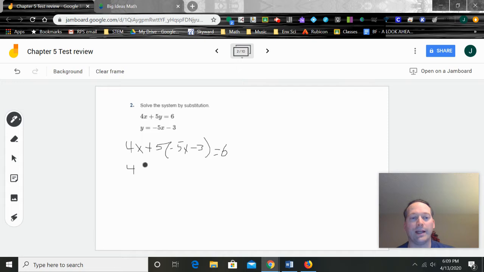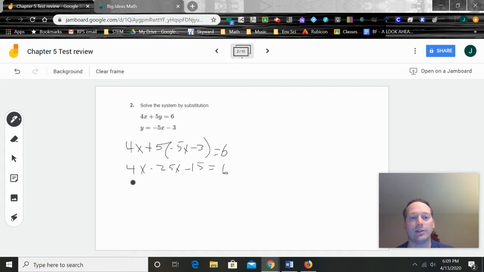So we get 4x, it's going to be a minus because it's times a negative. 4x minus 25x. Now 5 times negative 3 is negative 15. That equals 6.